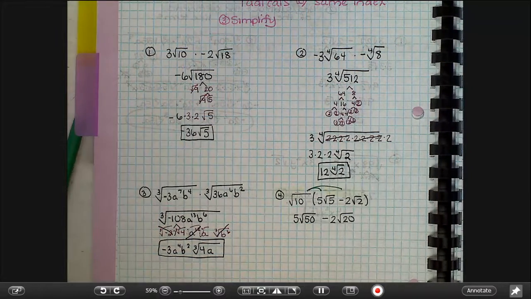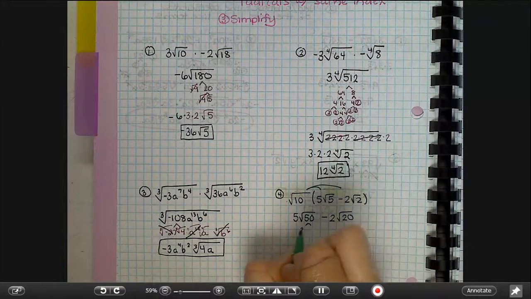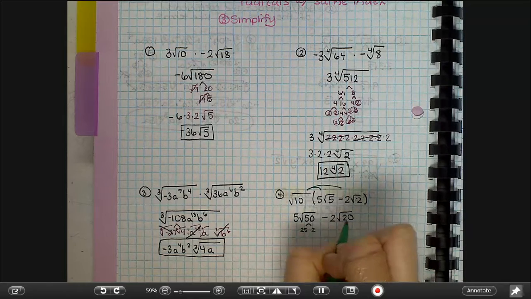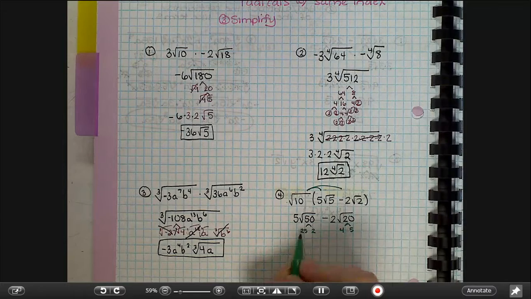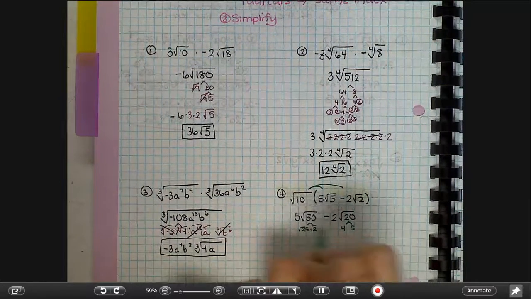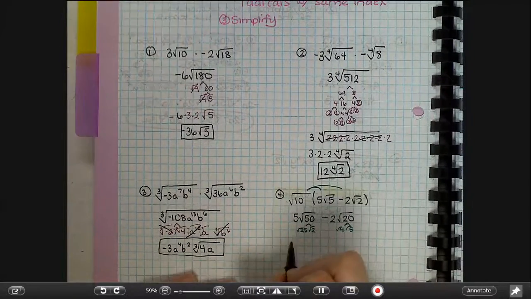And from there, we need to simplify. So we're going to simplify 50. I see 25 and 2, and I see 4 and 5 here. And we can't combine them yet because they're not like terms. The square root of each of these little guys, we're going to have the 5 that was right here.